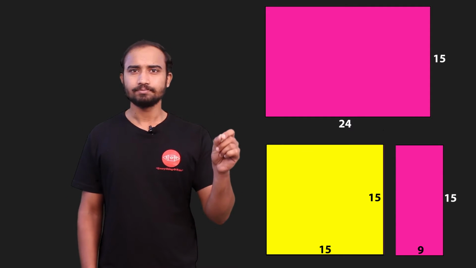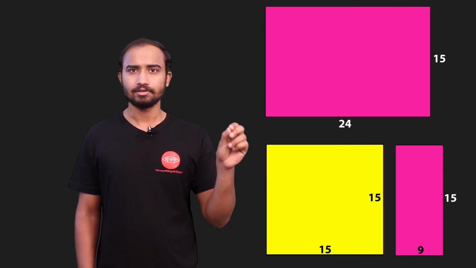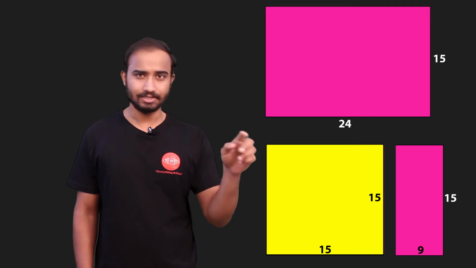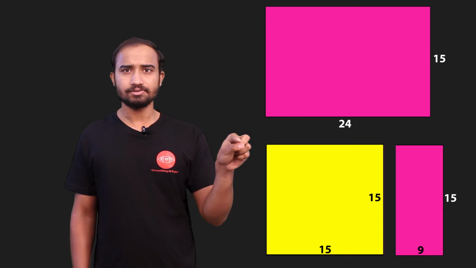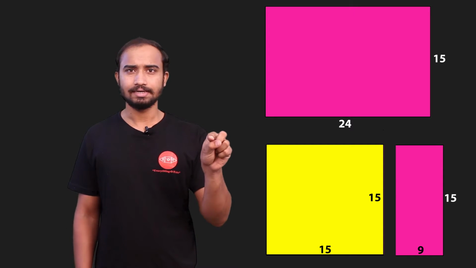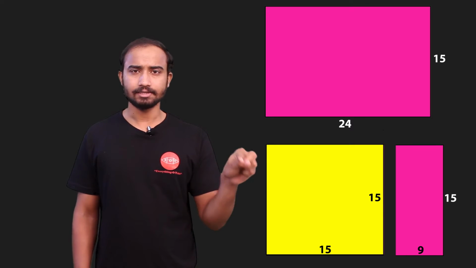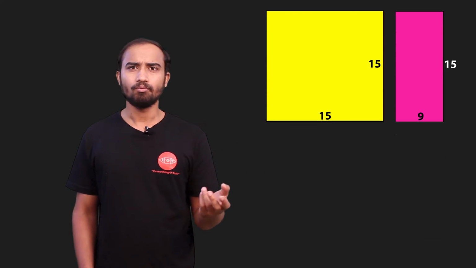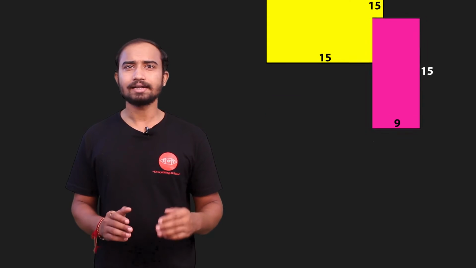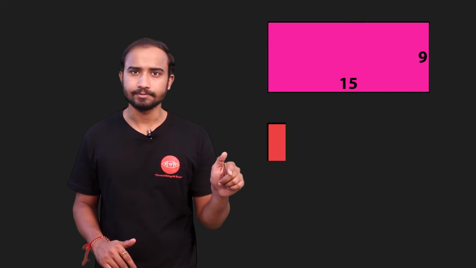Now we get 24 minus 15, so our length has been reduced to 9 and the breadth remains 15. Now we will again cut out a section from the field of square size 9 by 9.